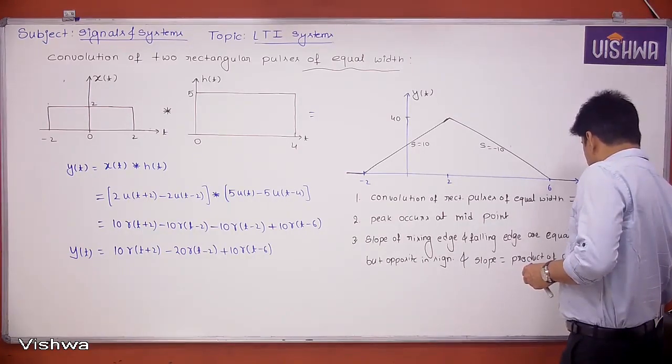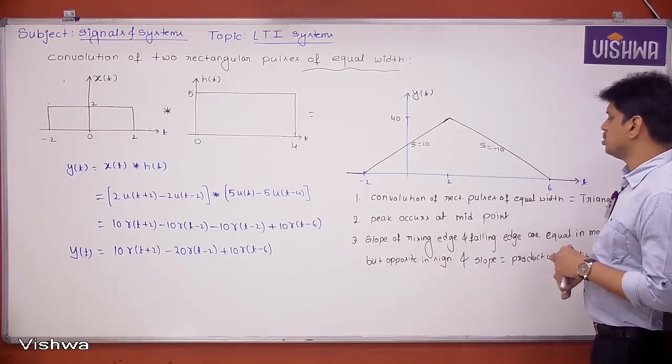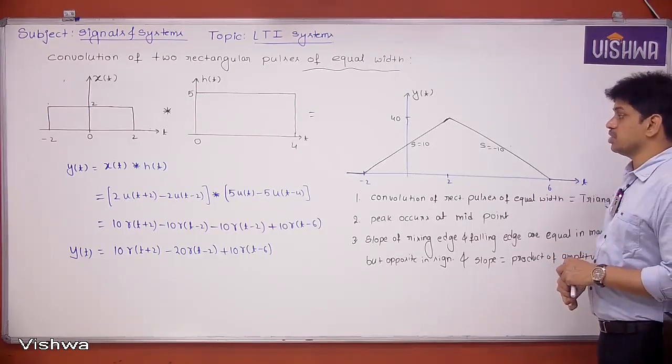Okay, these are the points you have to remember when convolution of two rectangular pulses of equal width occurs.